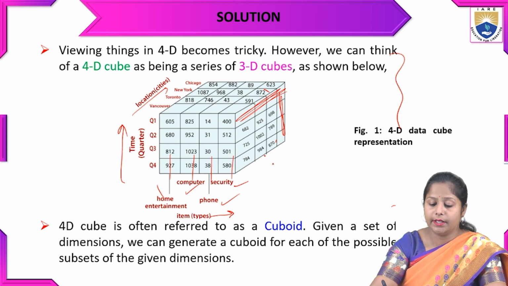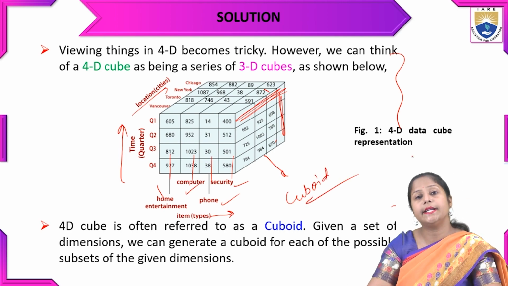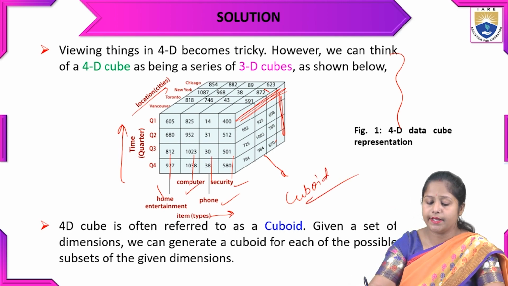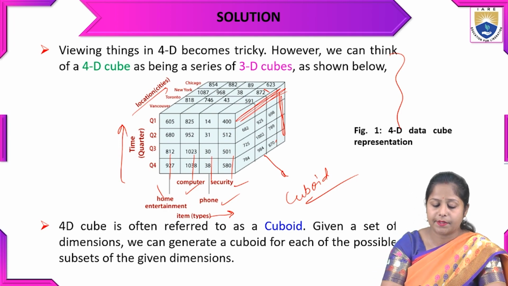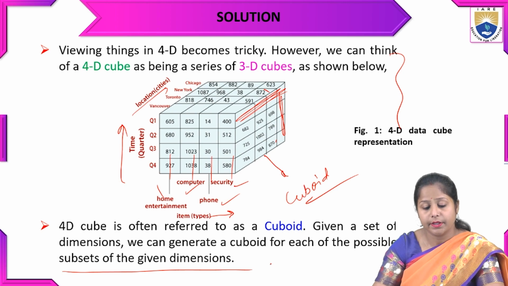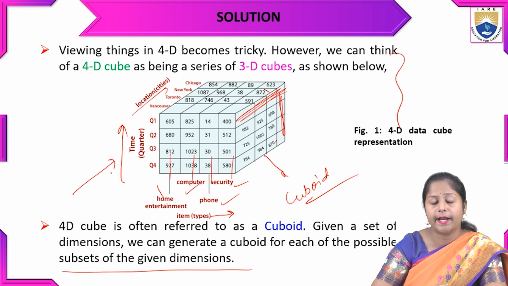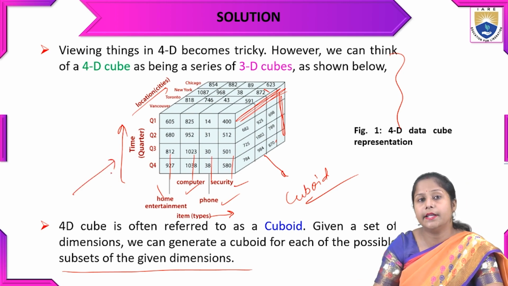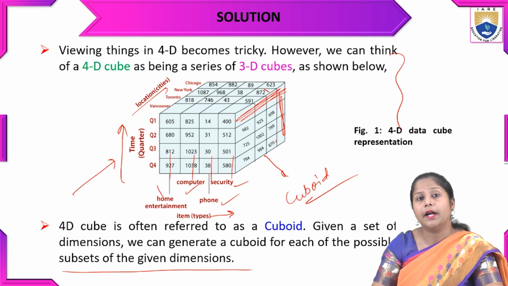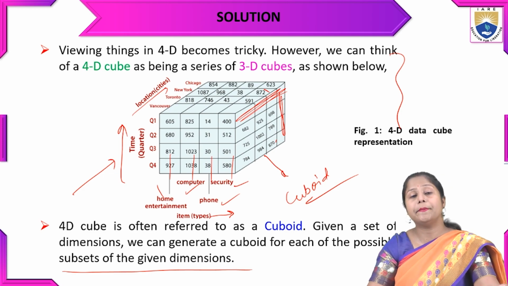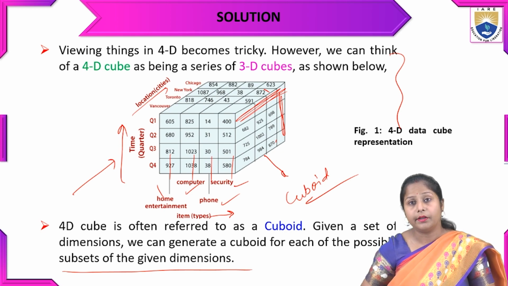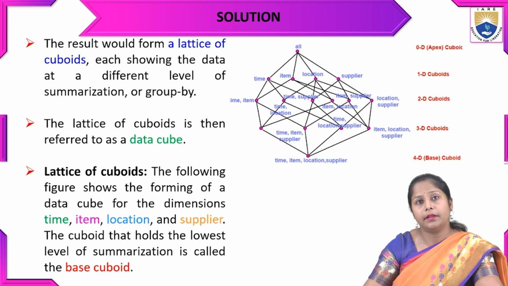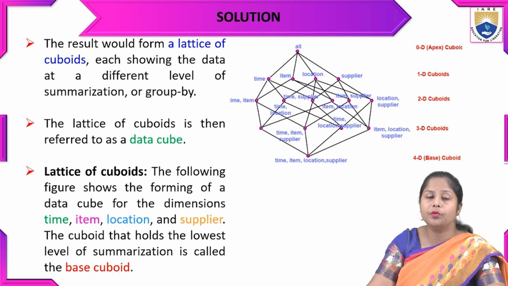It will also be called a cuboid. Given a set of dimensions, we can generate a cuboid for each of the possible subsets of the given dimensions. Here is how we have generated the items and the facts; like this we can generate it for the other dimensions. However many dimensions there are, we can generate the cuboids. In this form, the result would be a lattice of cuboids.